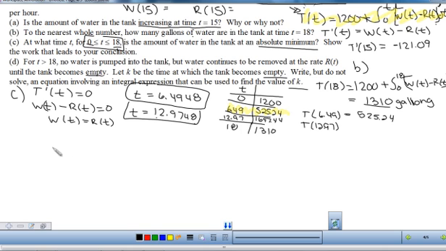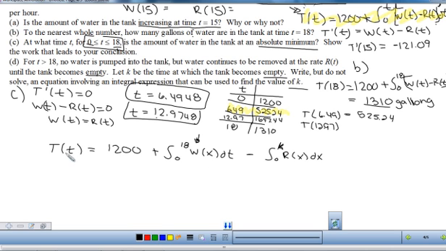The water in the tank started off with 1200. We're going to add water up to 18, and we're going to subtract the integral of R up to K. We don't know how many hours water will keep being removed, because we're only adding water up to the 18th hour.